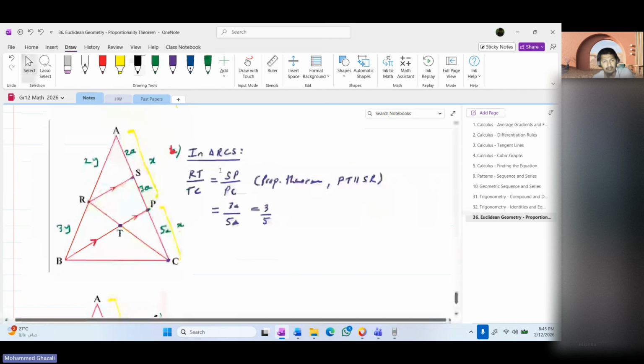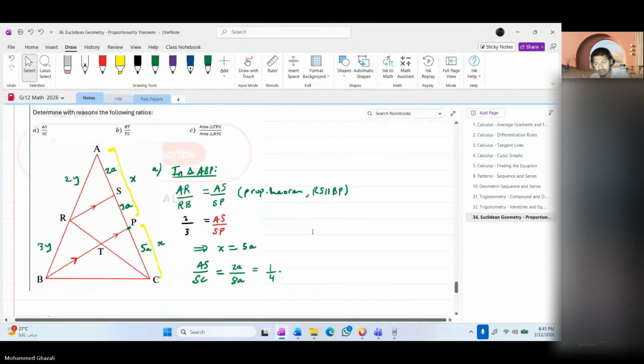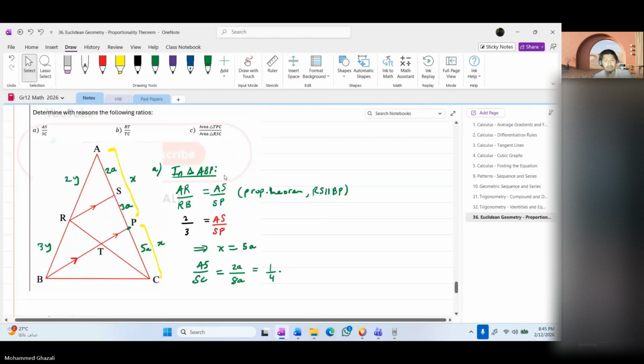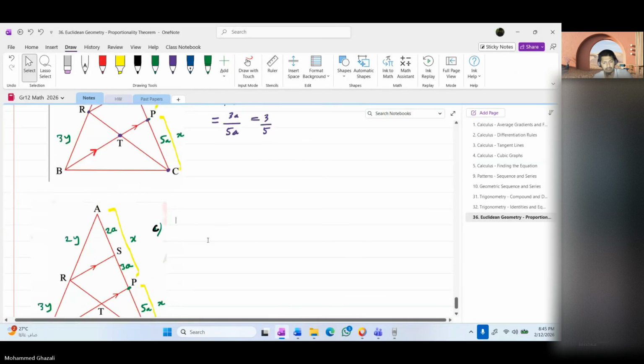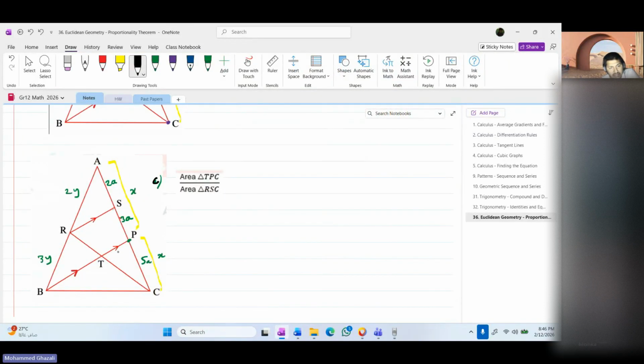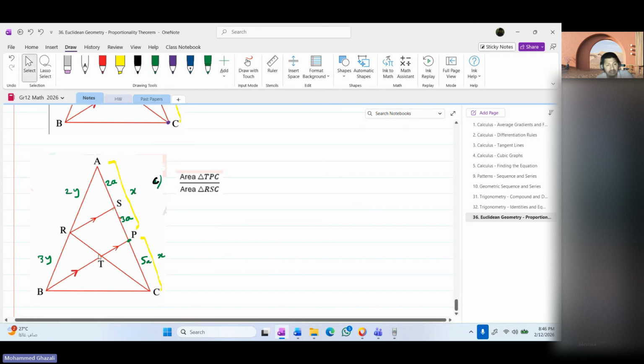Part C, we want to find the area of triangle TPC. Oh yes, by the way, what was RT to TC?